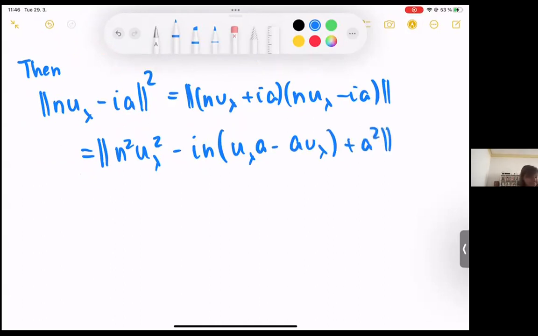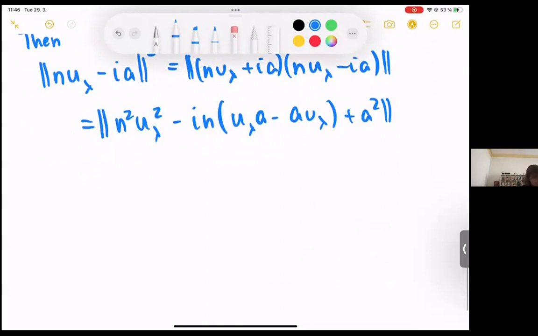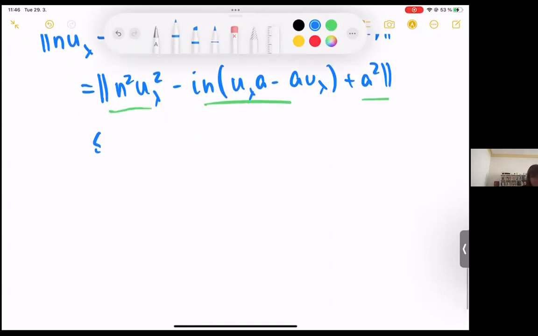And then we use our favorite triangle inequality to get that. So we're going to break this up into 3 chunks here. We know that u lambda has norm at most 1. So this first thing is going to be at most n squared.